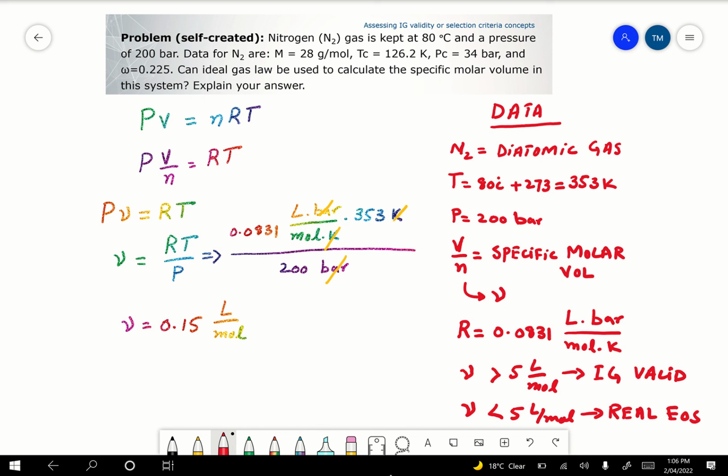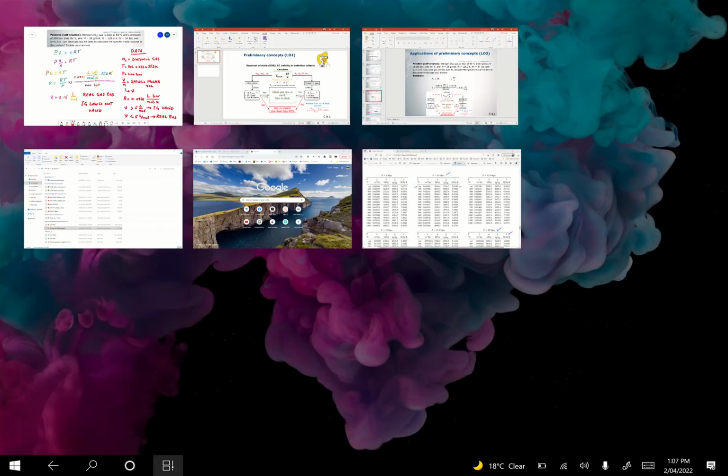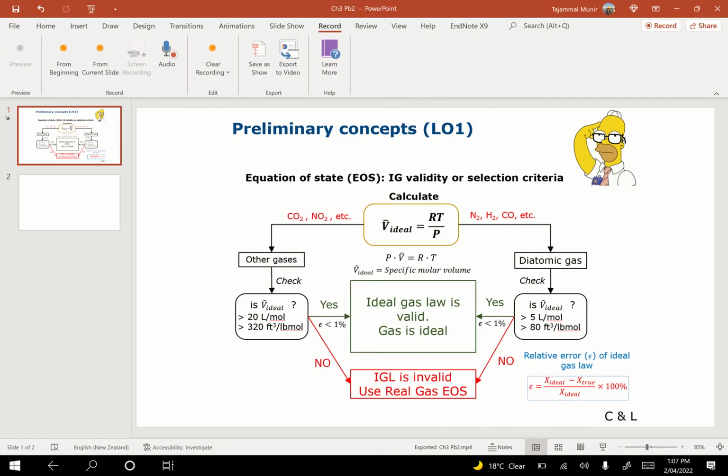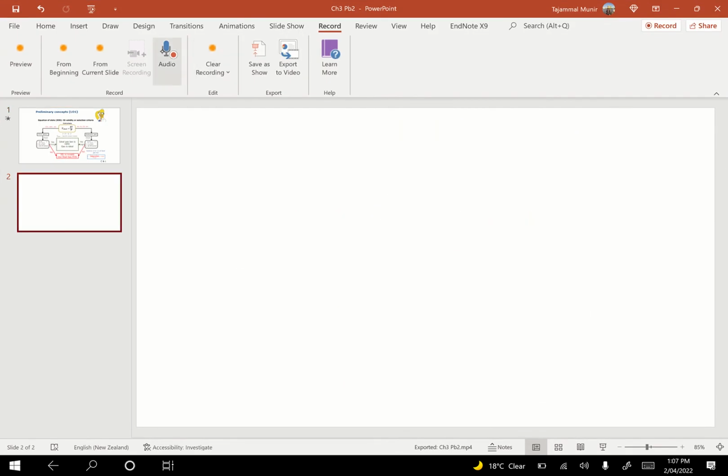You can see that in this case this is less than 5 liter per mole, so basically we have to use real gas equation of state, and ideal gas law is not valid. So basically this is a simple question which checks the validity of the ideal gas. I hope this is clear to you, and I hope this is simple and straightforward, right?